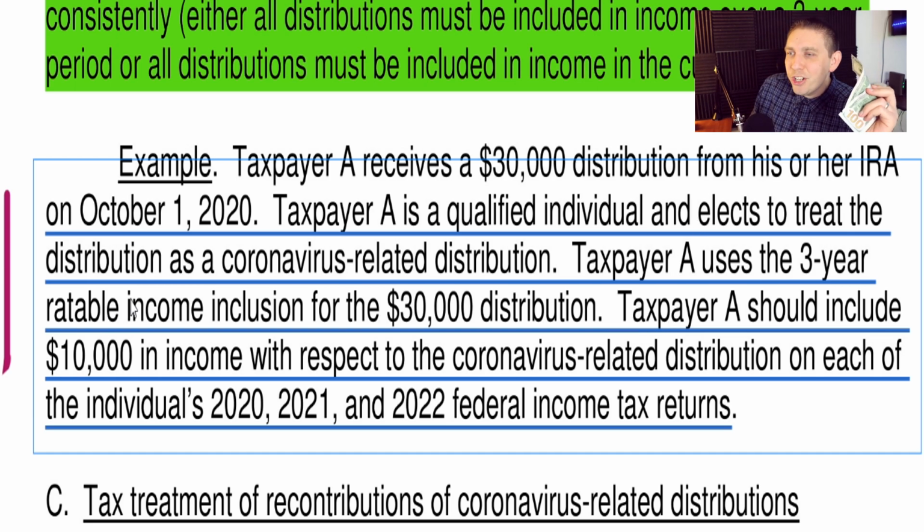Taxpayer A should include $100 in income with respect to the coronavirus-related distributions on each of the individual's 2020, 2021, and 2022 federal income tax returns. So all we're doing here is reporting $100 each year, right? Very, very simple. And you notice nothing was recontributed.